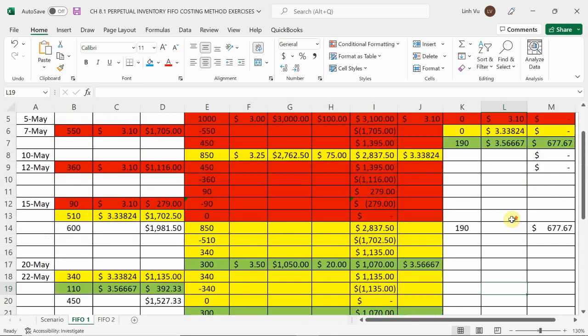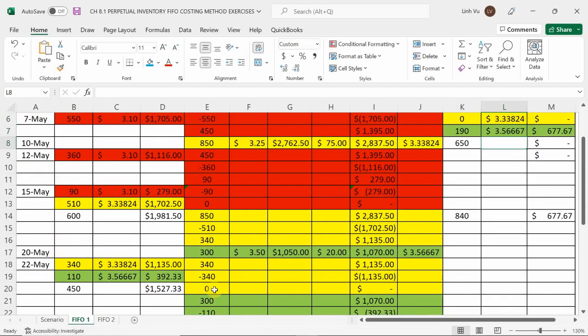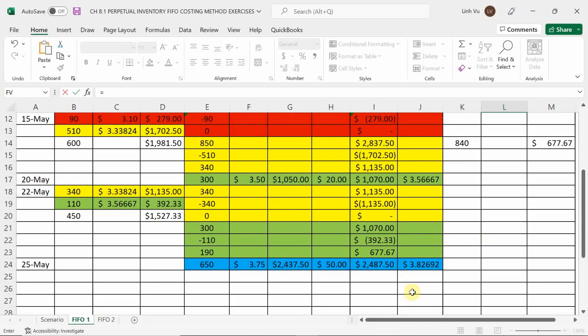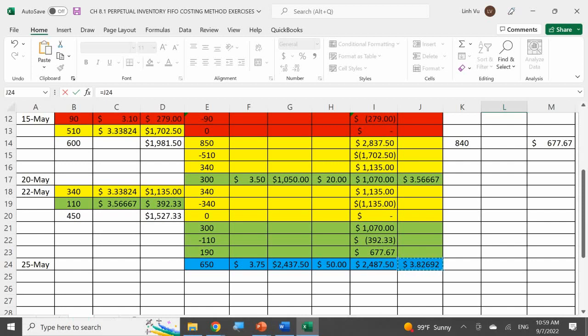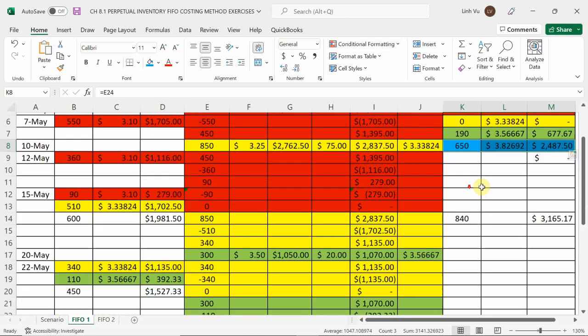So I got 650 units here, at a total cost per item of $3.82692, giving me a grand total of $2,487.50, which is true, right? Giving me a total goods available of 840 units now.